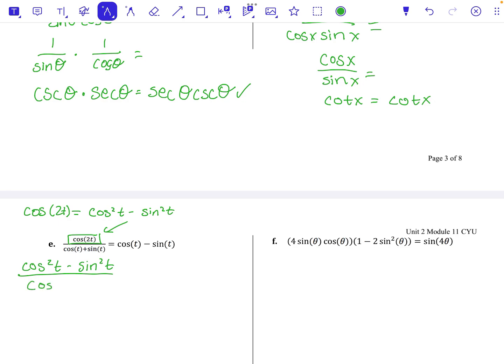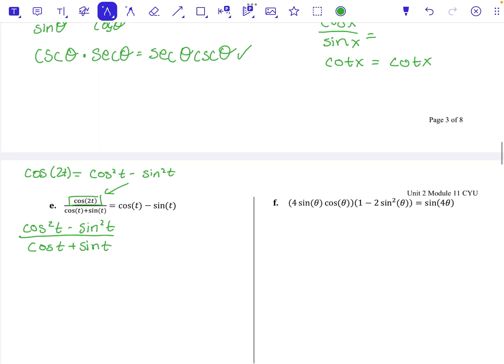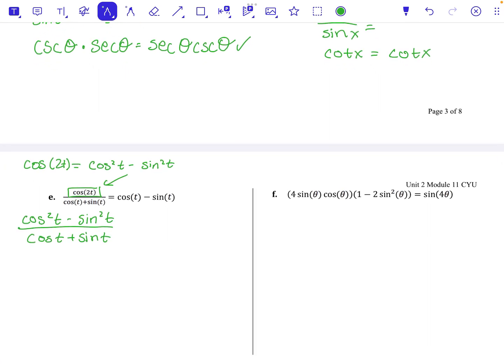Now, that is a difference of squares, which means I can factor it. That would be the same thing as cosine of t minus sine of t, and then cosine of t plus sine of t, all over cosine of t plus sine of t.